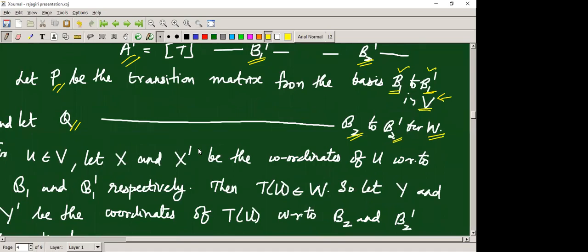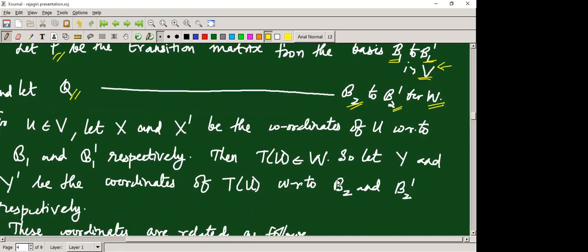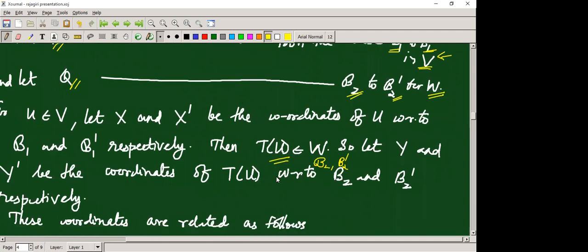We have two bases, so you will get two coordinate matrices for this U. Then you consider TU, which is a vector in W. Let Y and Y dash be the coordinates of TU with respect to B2 and B2 dash, because this is in W, and for W we have two bases, B2 and B2 dash. So correspondingly you will get two coordinate matrices for this TU.